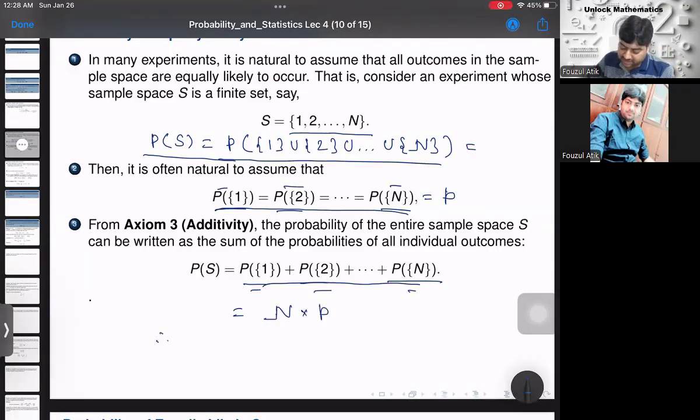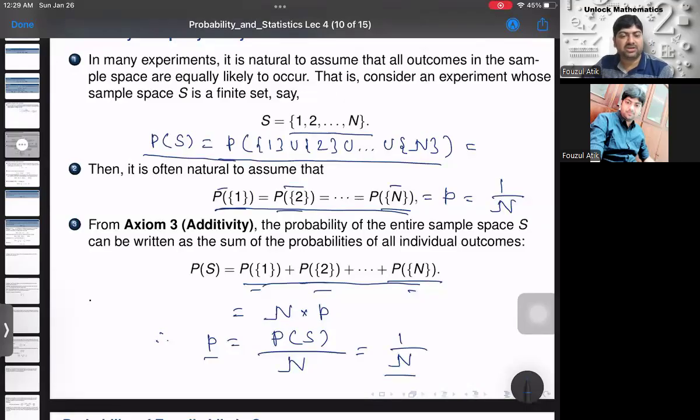And therefore I can write that small p is equal to P of S divided by capital N. But what is P of S? It is the probability of the sample space. So by axiom 2, this is 1, and it is divided by capital N. So therefore I get that small p is equal to 1 by capital N. So each of the events has probability 1 by capital N.